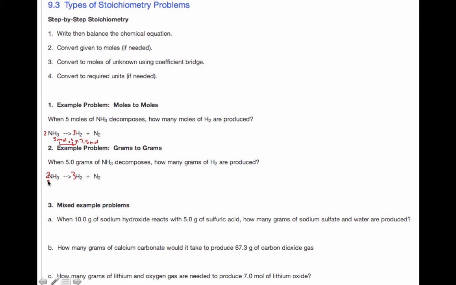Now we have 5 grams. So the first thing I do is I get to moles. So I'm going to do that by dividing by the molar mass of 17 grams per mole. And when I do that, I'm going to find that this is 0.294. That's how many moles of NH3 I have.